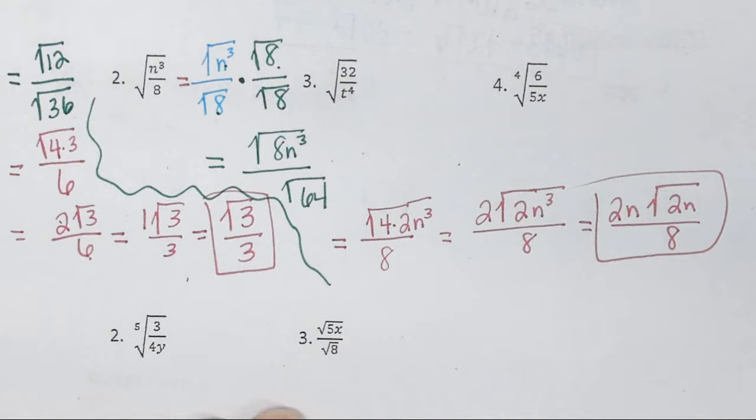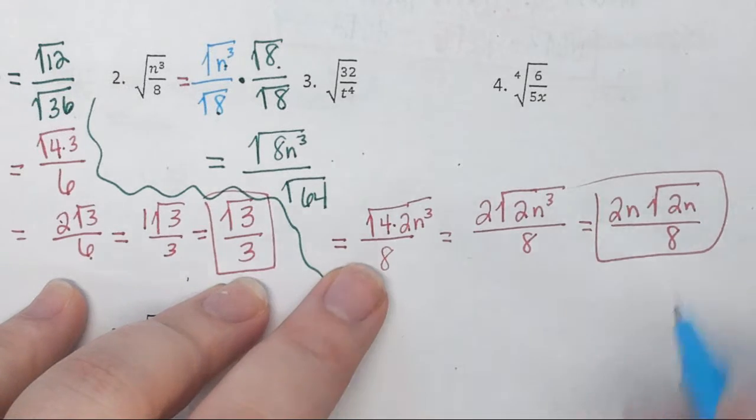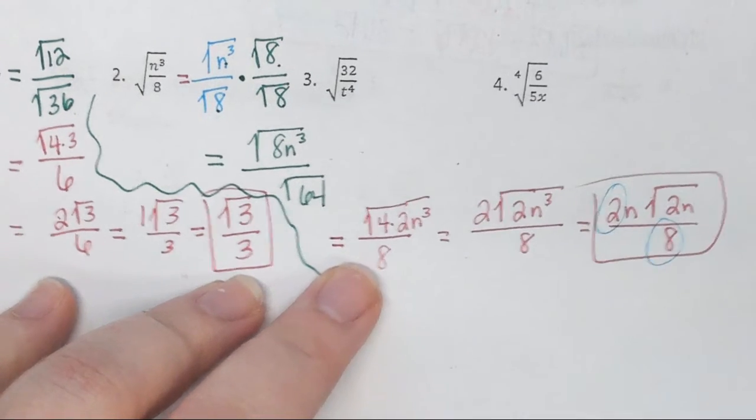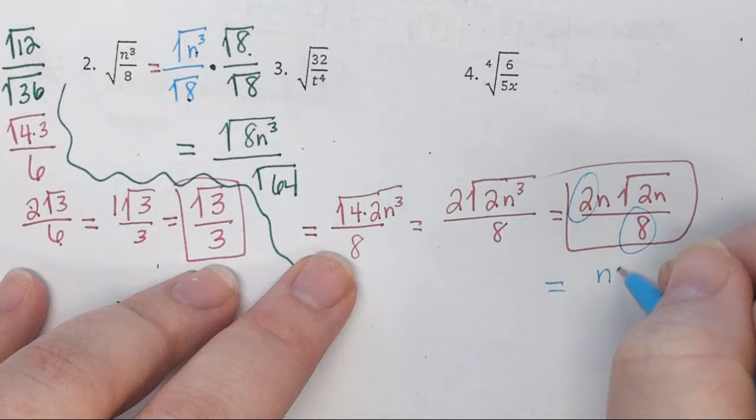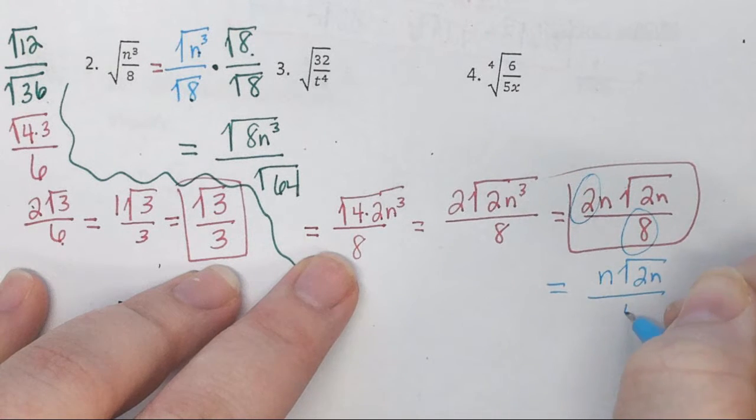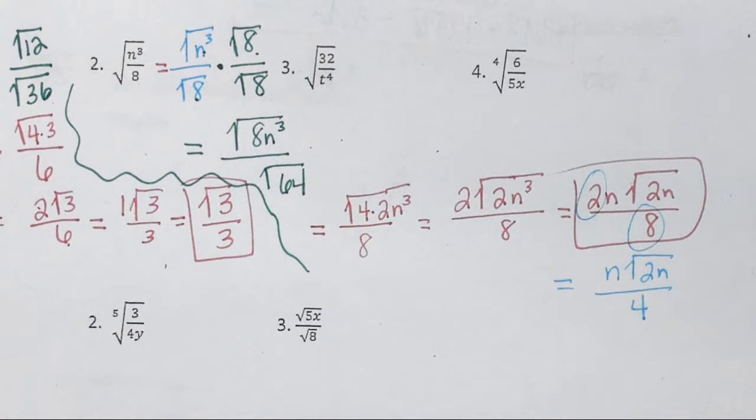We could have done this in less steps. Bless you, Arturo. Have an extra point. 2 and 8 are divisible, so it could be n square roots of 2n over 4.